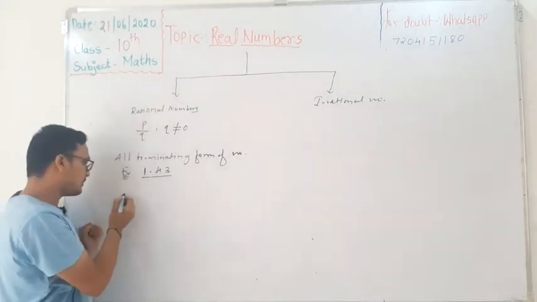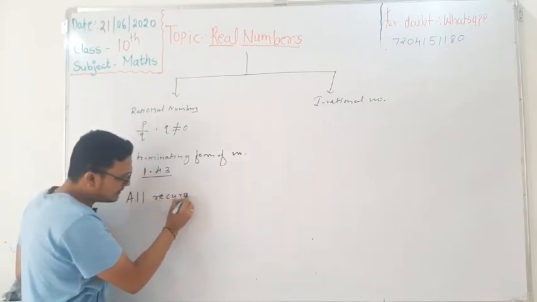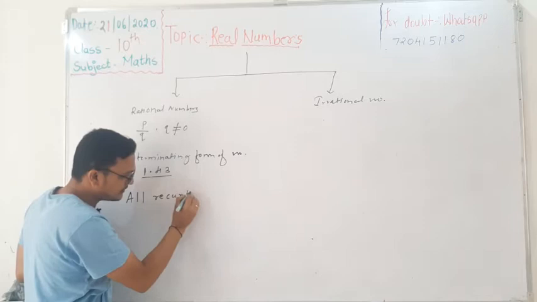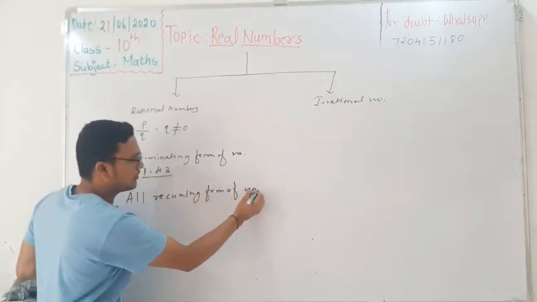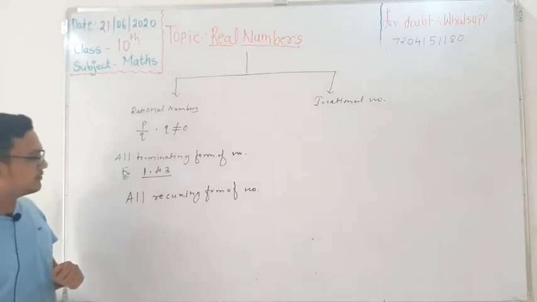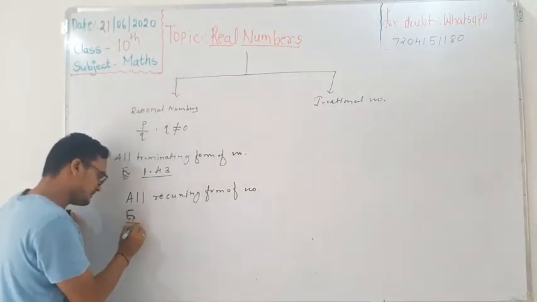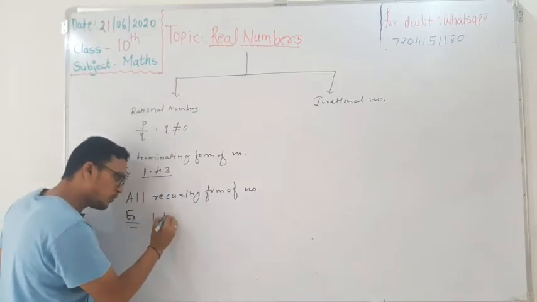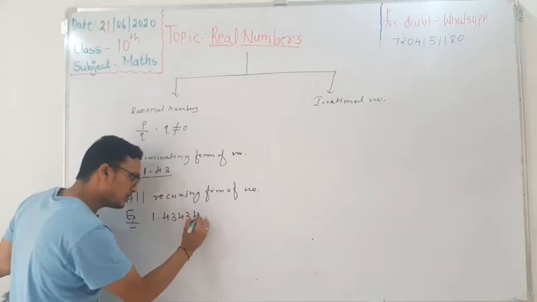In this, one more part we get: all recurring form of numbers. Again, it is called rational numbers. For example, I will take again 1.43 and so on.